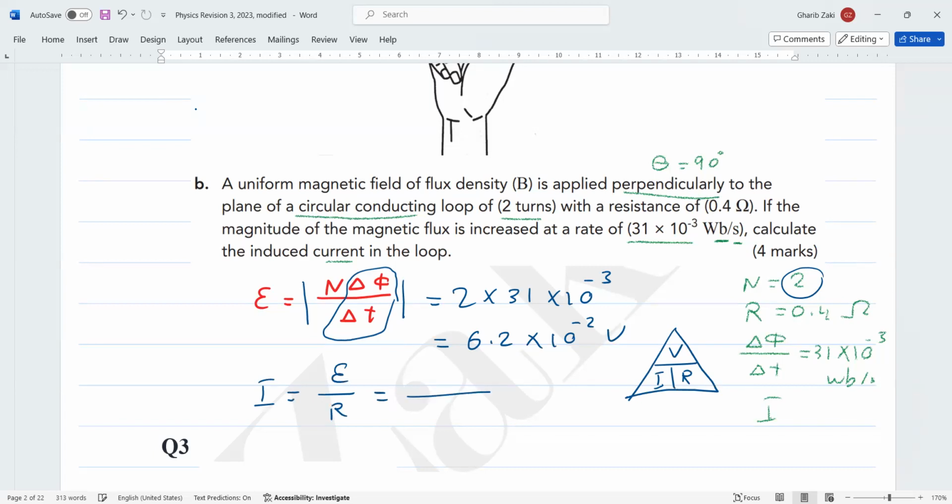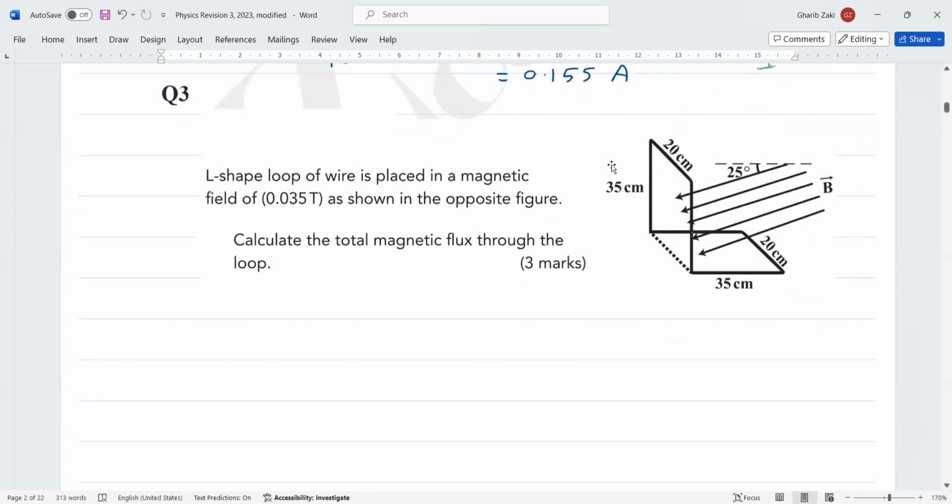EMF is 6.2 multiply 10 to the power -2 over R, which is 0.4. By using the calculator, the answer will be 0.155 ampere. Okay? Now, next question. Look at this question and try to understand.